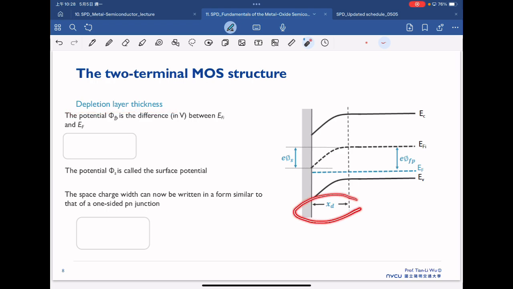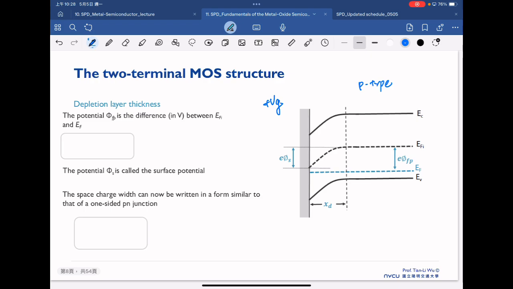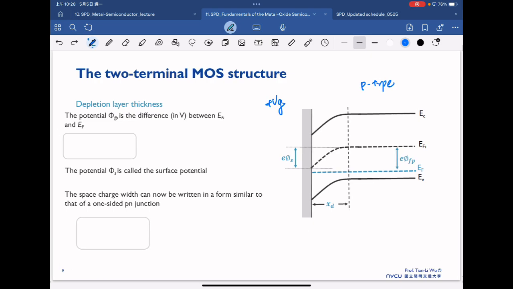This is in the case of the p-type substrate, and then we apply a small Vg, and that will induce a space charge region. And also we have one term here called phi s, which is the surface potential.